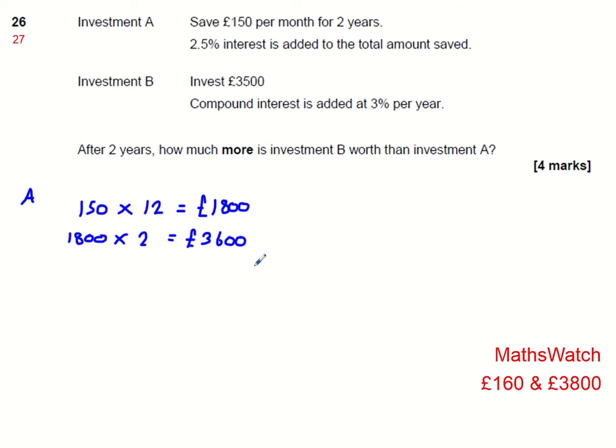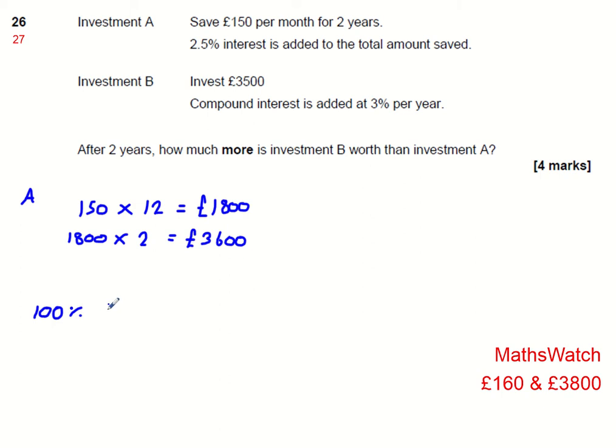So in 2 years we'll save that £1,800 twice, which means we will have savings of £3,600. Now we're going to be adding 2.5% interest on top of that, and I said we're going to do this using a multiplier. Here's how a multiplier works. You're starting with a basic amount. Now your base amount we will call 100%. That's the 3,600.